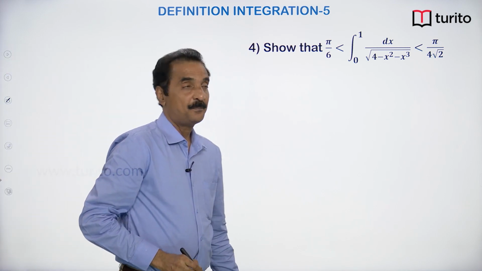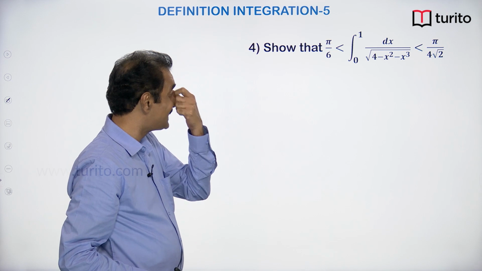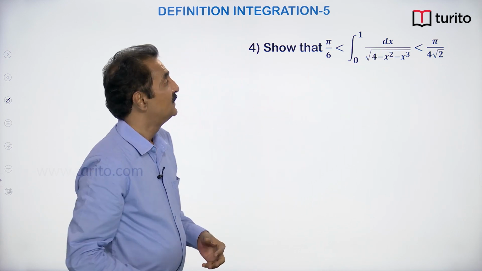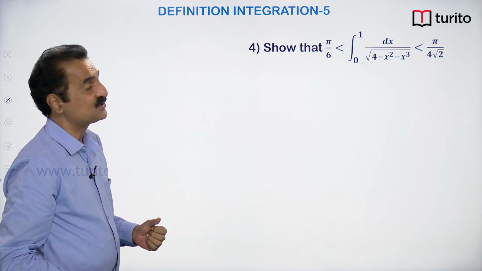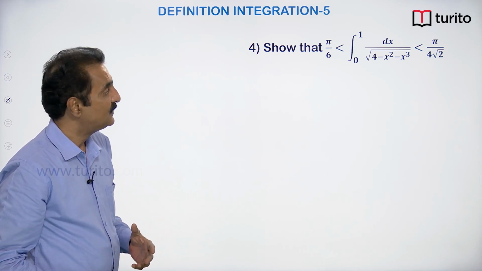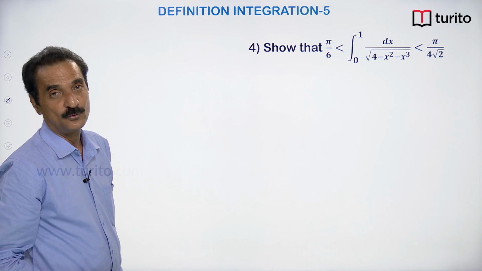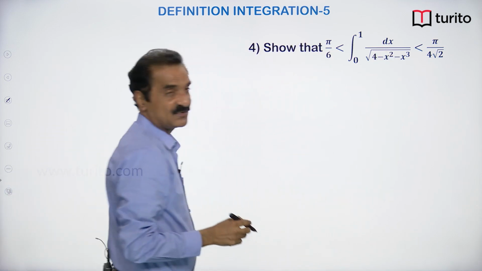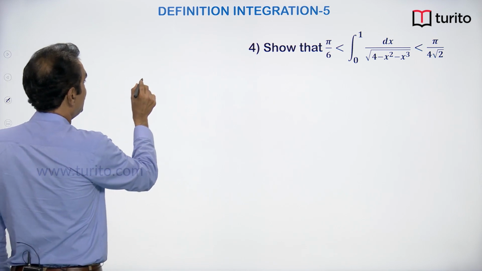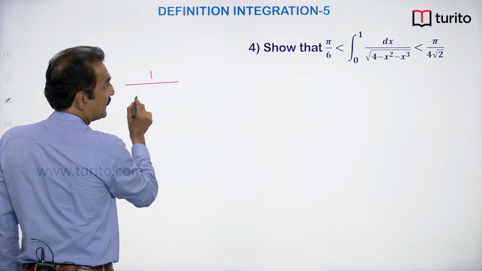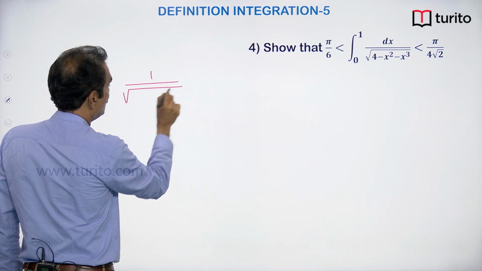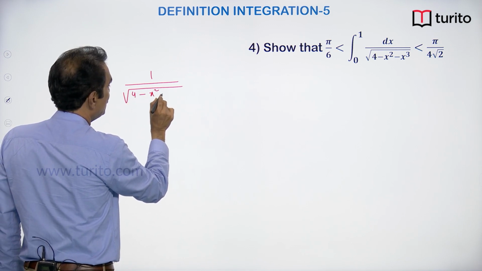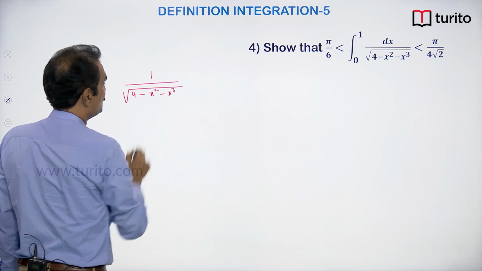Show that pi by 6 is less than integral 0 to 1 dx by root over 4 minus x square minus x cube, which is less than pi by 4 root 2. The function to be integrated is 1 by root over 4 minus x square minus x cube.